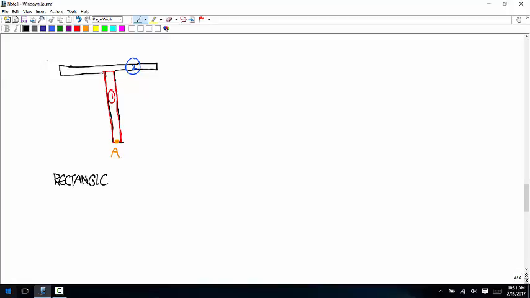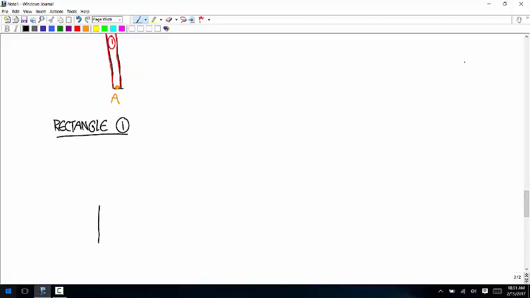The width of A is also 0.1. Yes. Okay, so we have a rectangle like this, with a length of 1, a thickness of 0.1, and our about point is here.